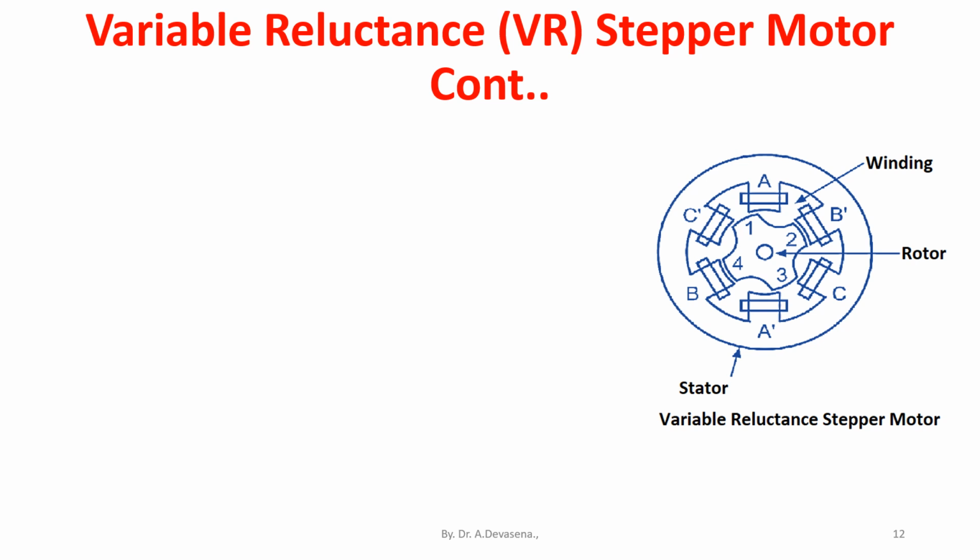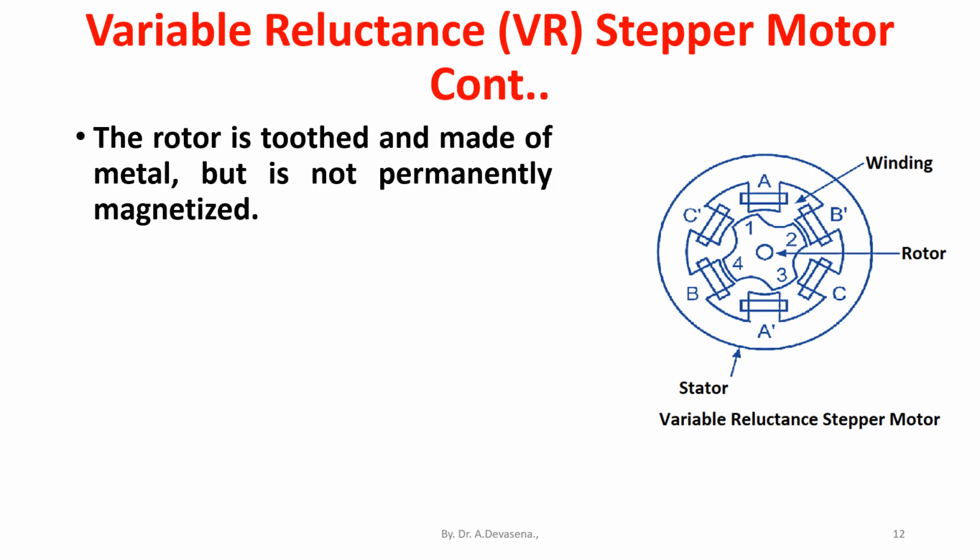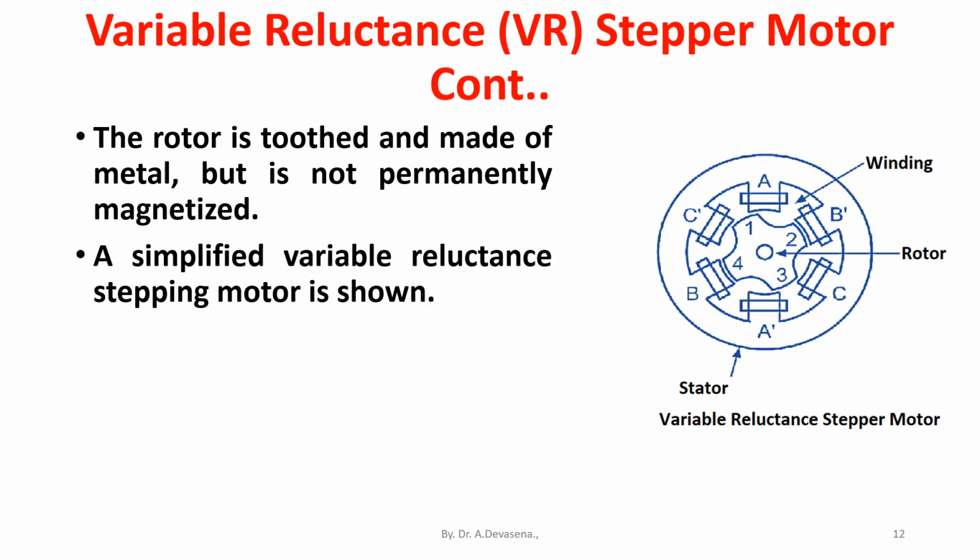The rotor is toothed and made of metal, but is not permanently magnetized. A simplified variable reluctance stepping motor is shown here. In this figure, the rotor has 4 teeth and the stator has 3 independent windings, that is 6 phases, creating 30-degree steps.